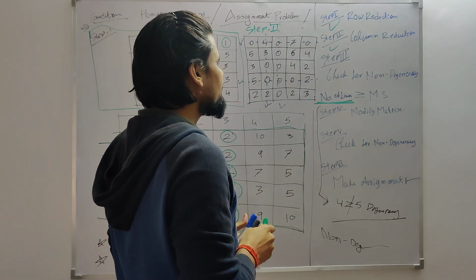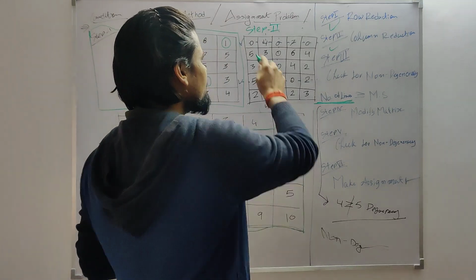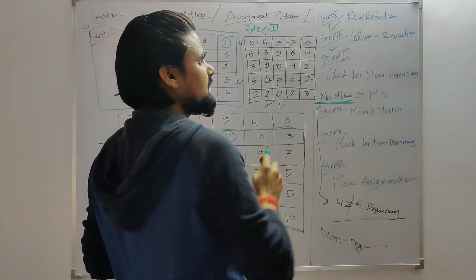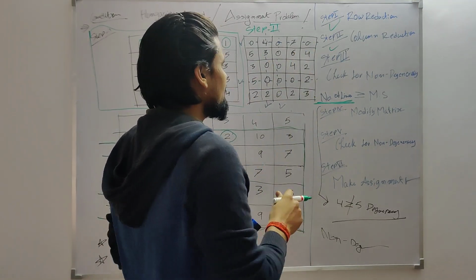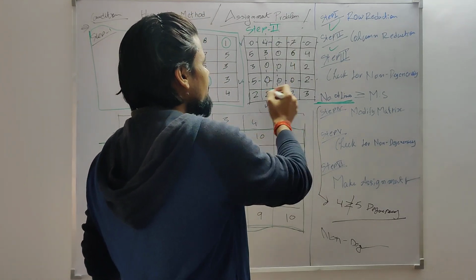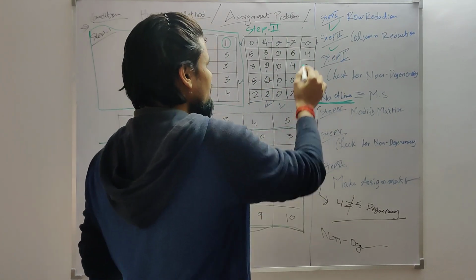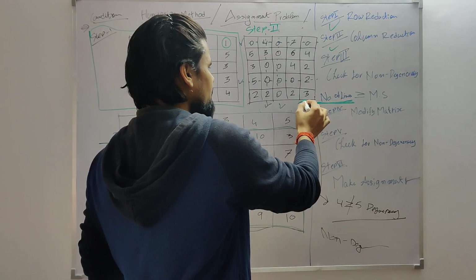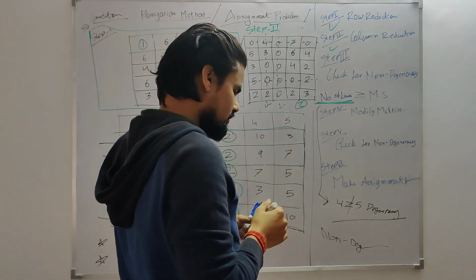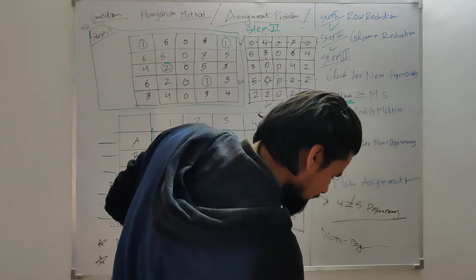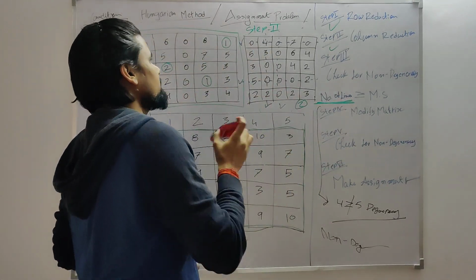To modify the matrix, in this whole matrix we try to find the minimum number which is not 0. So here we will see what the minimum number is. The minimum number is 2. In this whole thing the minimum number is 2. So we will modify the matrix by using this.